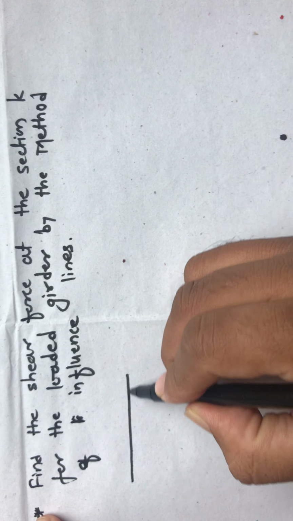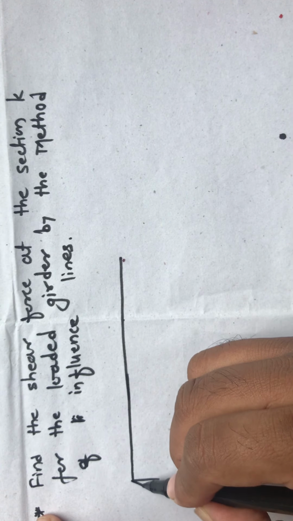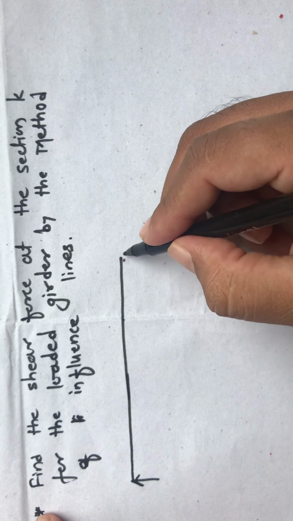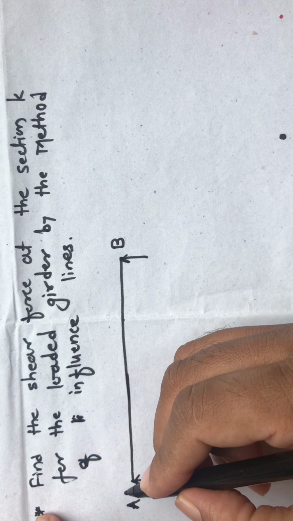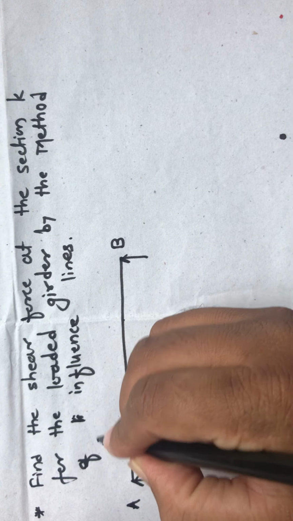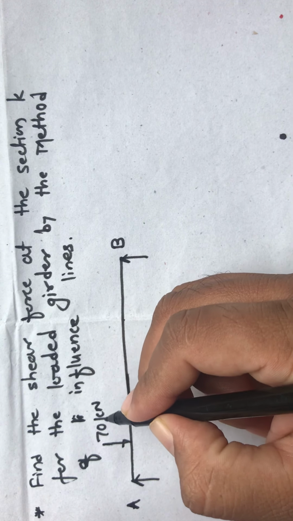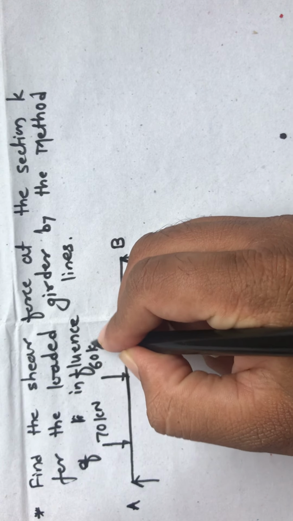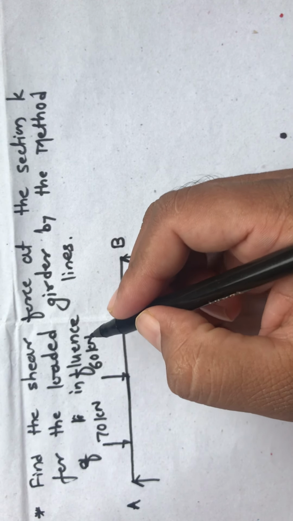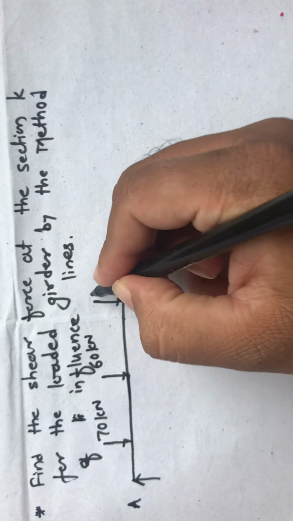So we have a girder of span AB, and the loads we have are 70 kilonewton, 60 kilonewton, 50 kilonewton.